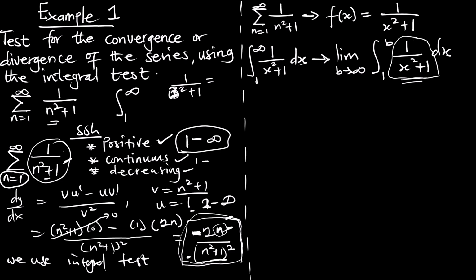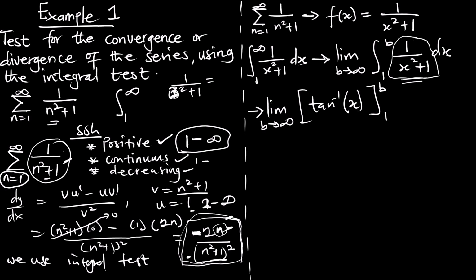So this implies that we have the limit as b approaches infinity of tan inverse of x. Now the limits are from 1 to b. We have to put in the values of the limits.